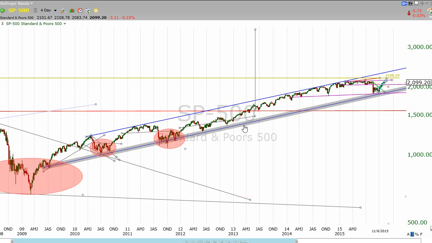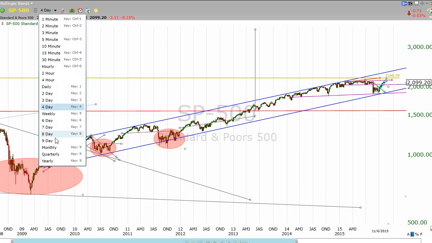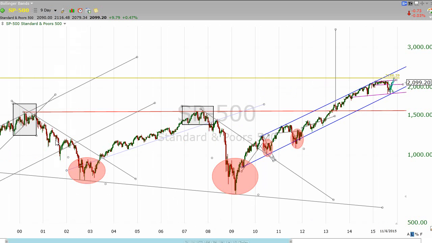We did revise this line, however, in 2015 because these support lines don't always have their starting data point as the extreme low. And again, if we go back to that chart, you see the same thing happened with this inverted head and shoulders pattern that formed in 2002 and 2003.